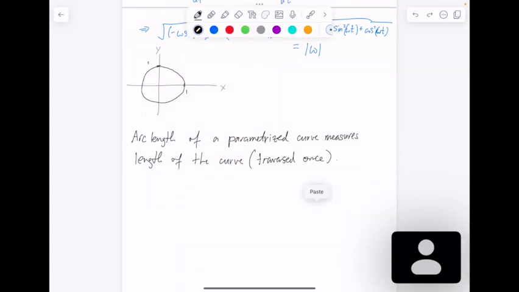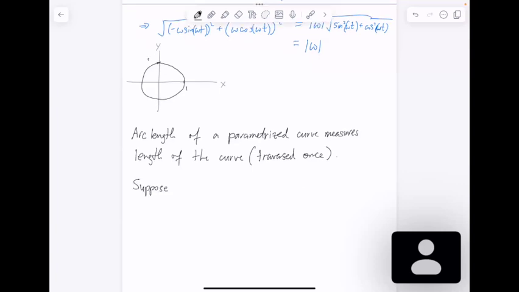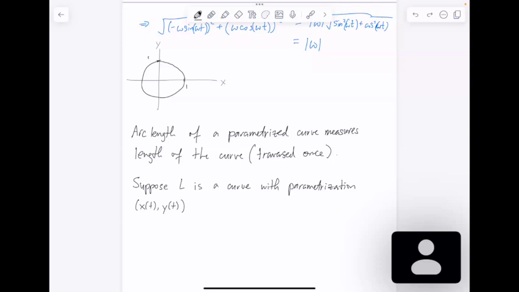The arc length, in this case, the formula is as follows. Suppose L is a curve with a parameterization x of t, y of t, with t between, let's say, a and b, that traverses L once.